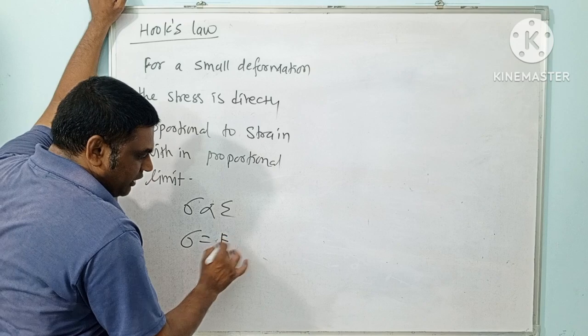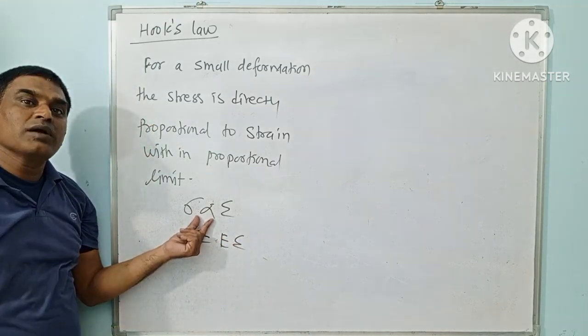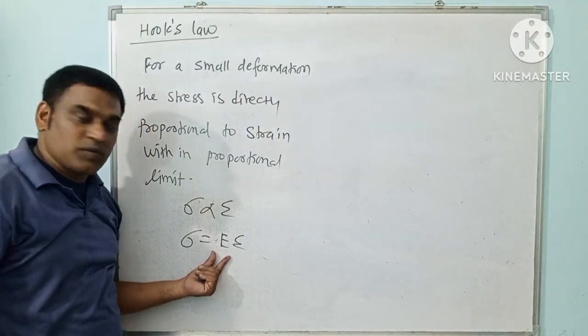Stress is equal to E. I want to remove this proportionality sign and have an equality sign, so I want a constant of proportionality.